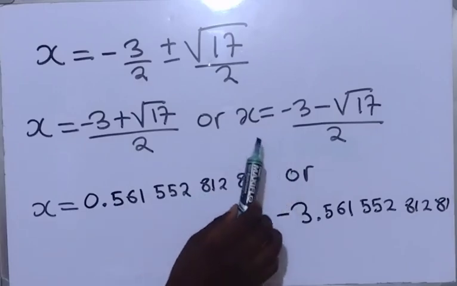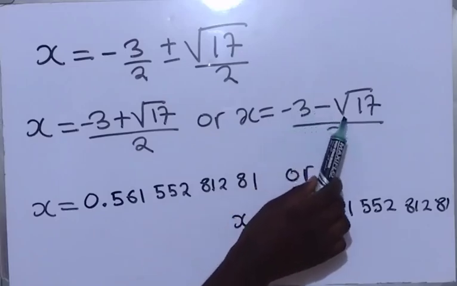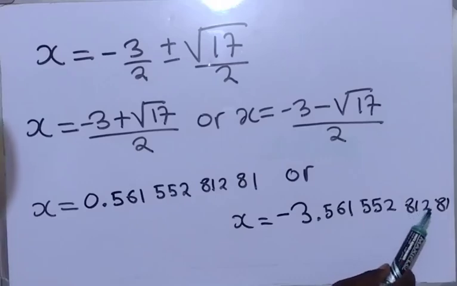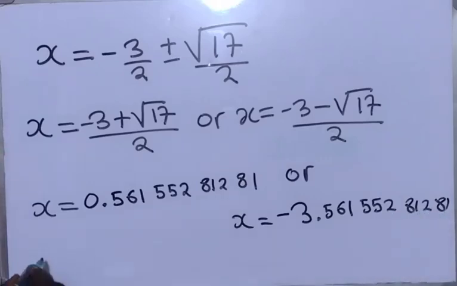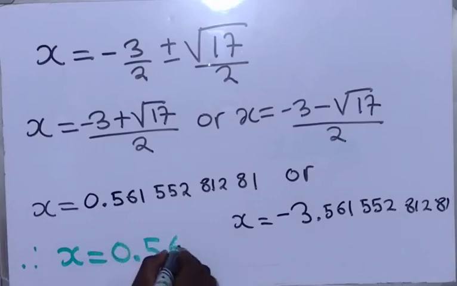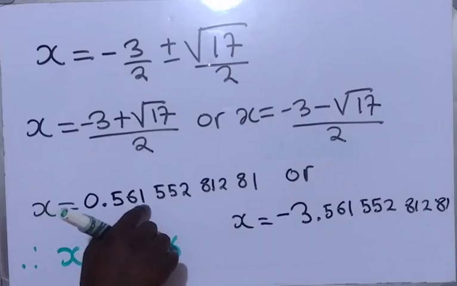0.56155281281. Or you punch negative 3 minus the square root of 17 divided by 2, you get x is equal to negative 3.56155281281. So we can leave our answer correct to 3 decimal places. So I'm going to say x is equal to, for the first one, 0.562.